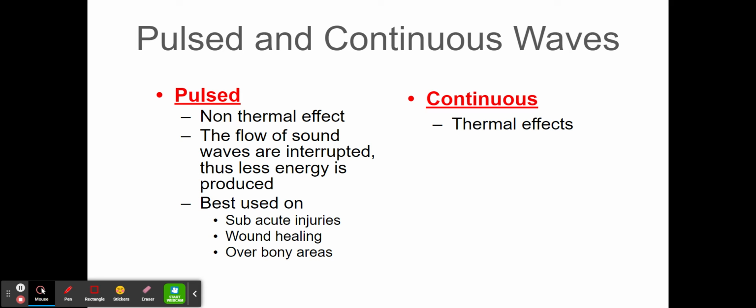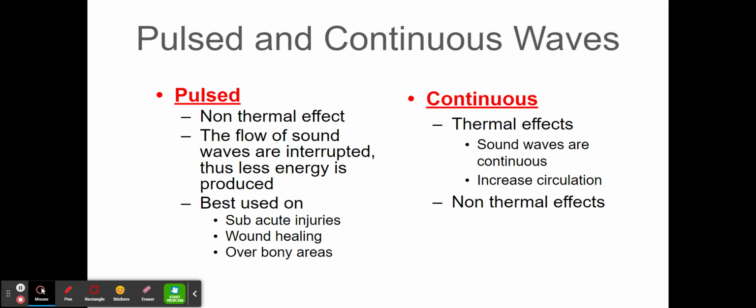Mainly we use continuous, so we get those thermal effects. The sound waves are always going, with an increase in circulation. We can get some non-thermal effects at a low intensity for acute injuries, but you just gotta know what setting to use. Mostly we use continuous.